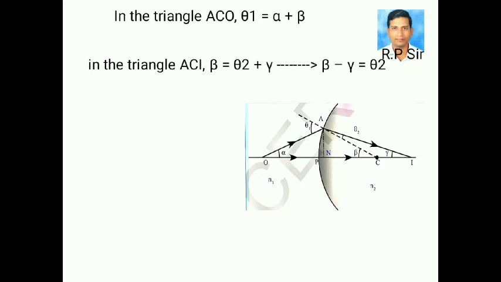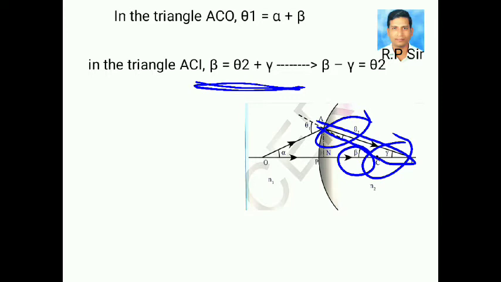Similarly, in triangle ACI, the exterior angle beta is equal to the sum of the interior angles theta 2 and gamma. Therefore, beta is equal to theta 2 plus gamma. Therefore, beta minus gamma equals theta 2.